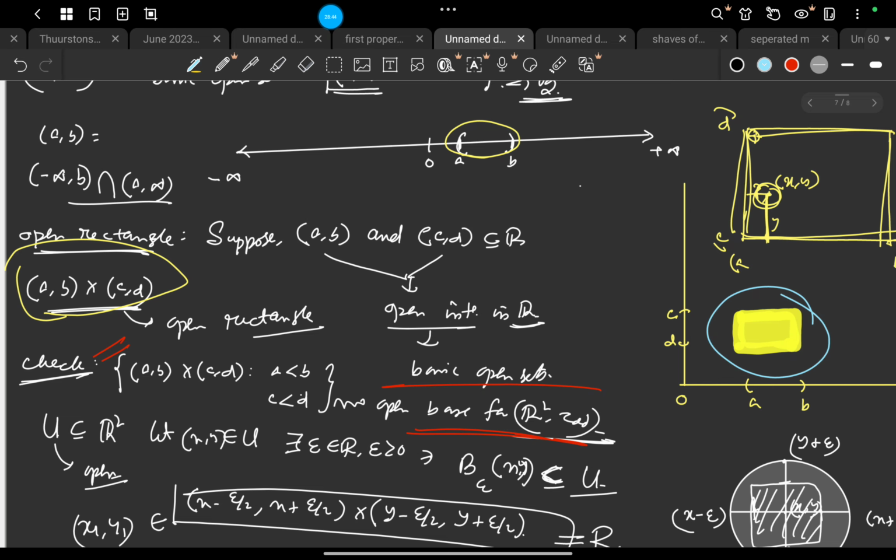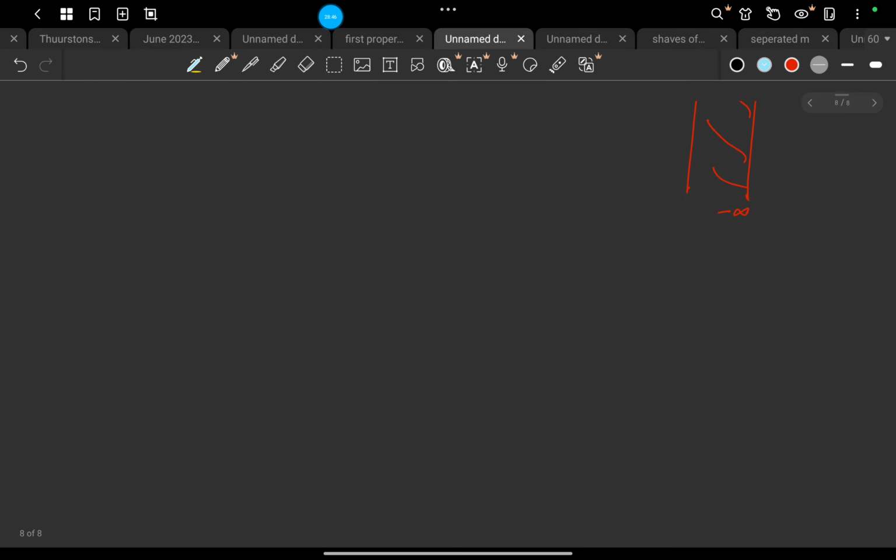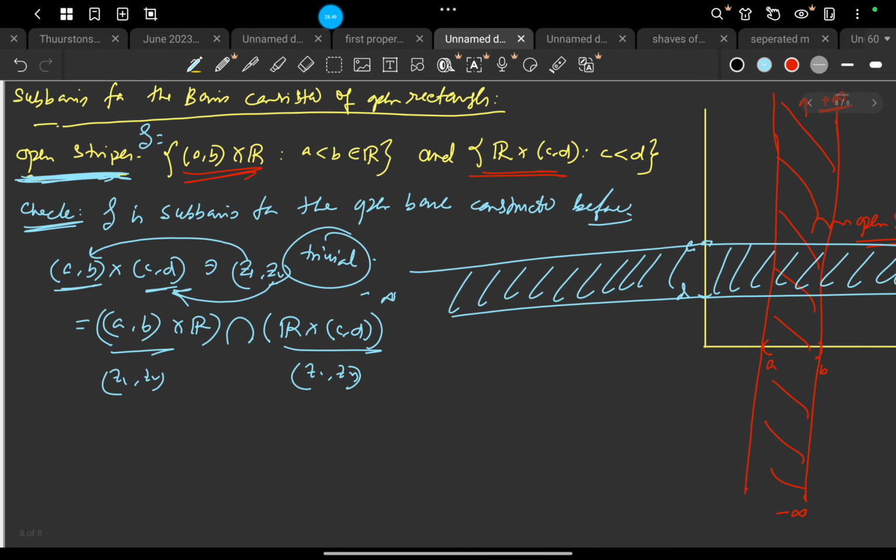But now the basic idea is in the opposite direction. That means first we have some open stripes, because open stripes can be defined in this way as well. In fact you can check that this is a subbasis for a topology. You know how to check a subbasis for a topology, right? Because you can show that the union of these open sets is basically the entire set X1 cross X2.